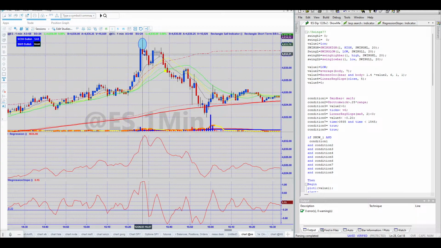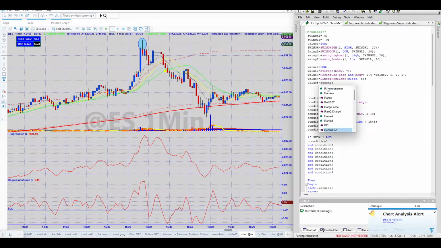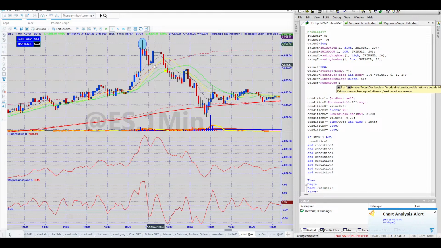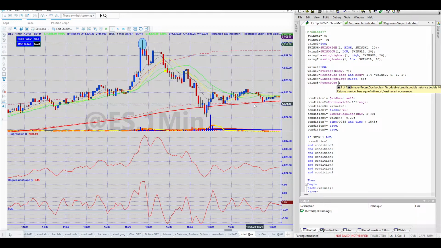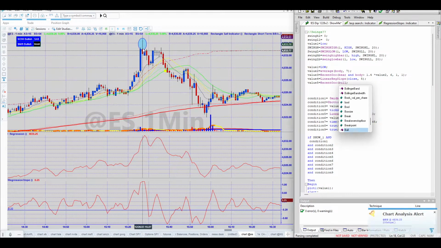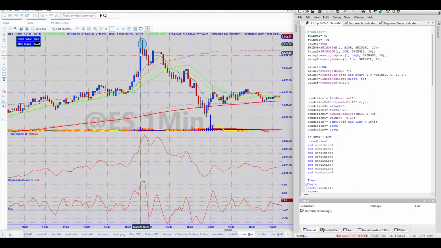If we have a large bullish candle, we need to look at recent occurrences. And we shall not have a bull, so we're going to identify this candle, but we're going to do that next. The candle before shouldn't be a bull. So that's one candle before.